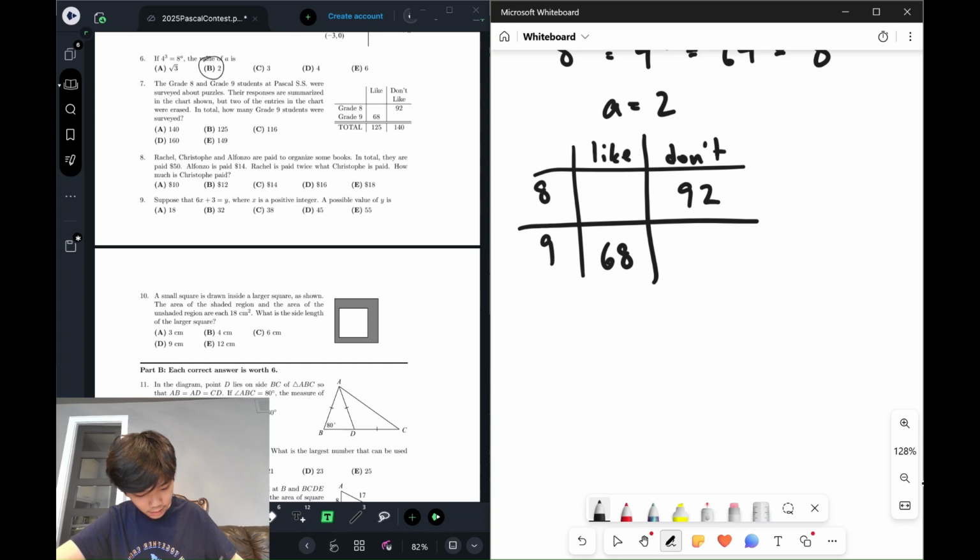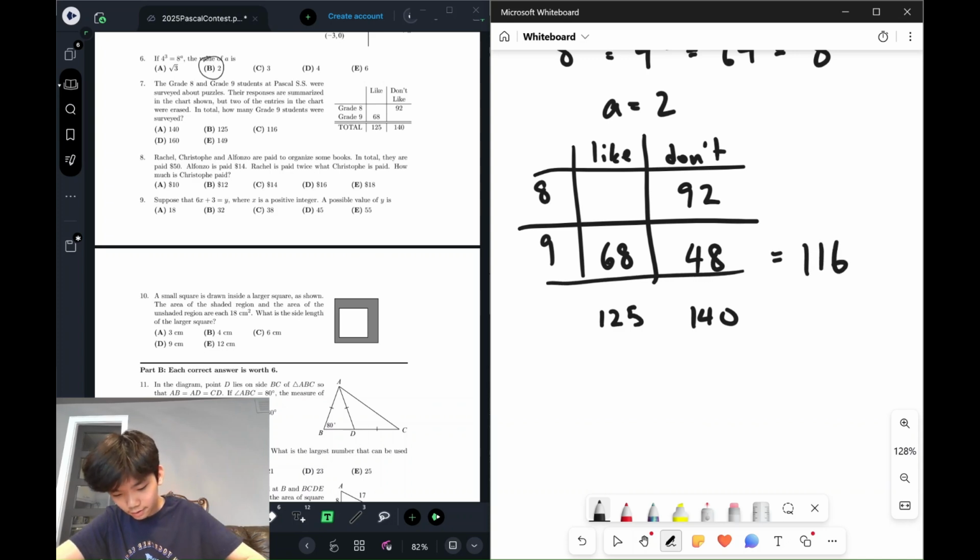Now, on top of that, the totals here are 125 and 140. Since the total in this column over here is 140, this one's going to be 140 minus 92, which is going to be equal to 48. We want the number of grade 9 students, so we add across this row to get that there are 116 grade 9 students. This is answer choice C.